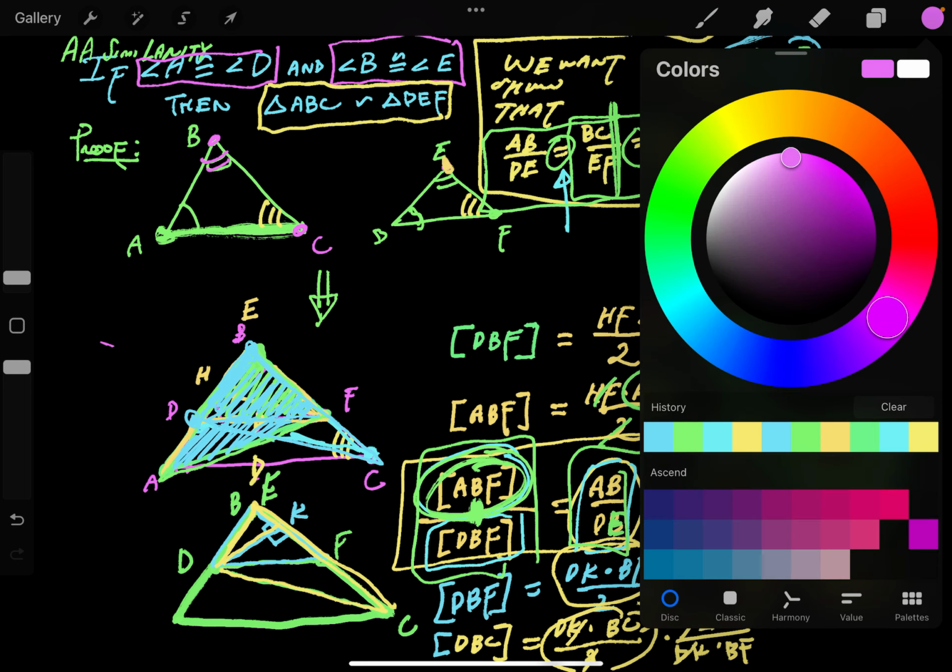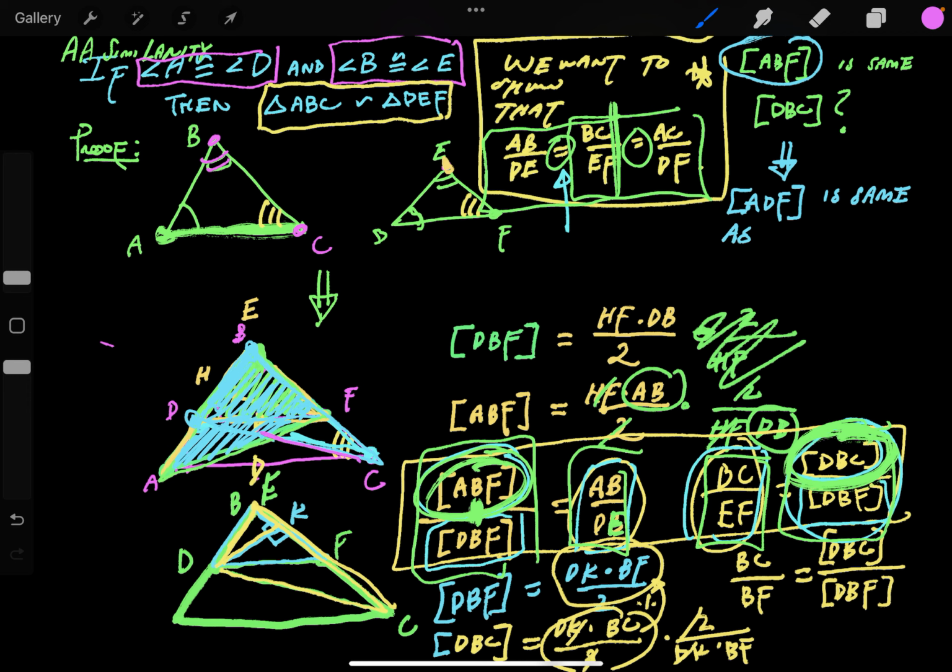The other triangle is this one, DFC. So if I show that ABC is the same as DFC, then it should be clear that these two areas are the same, right? This would imply this, going back the other way. So just convince yourself of those statements, right?